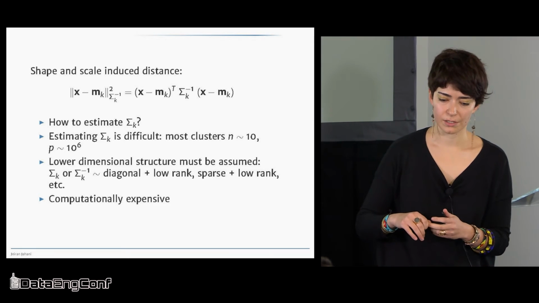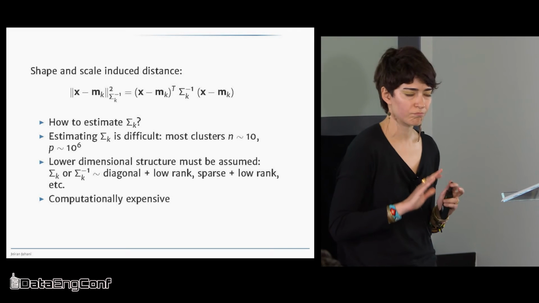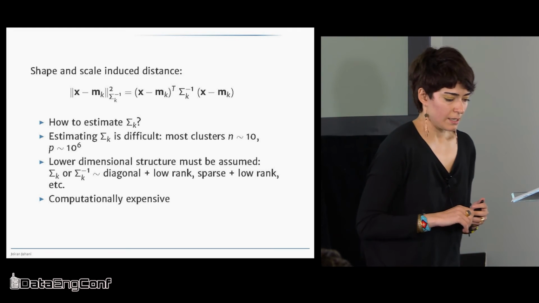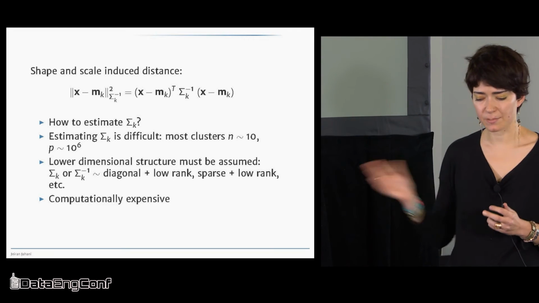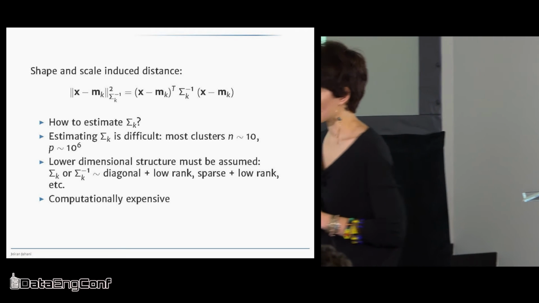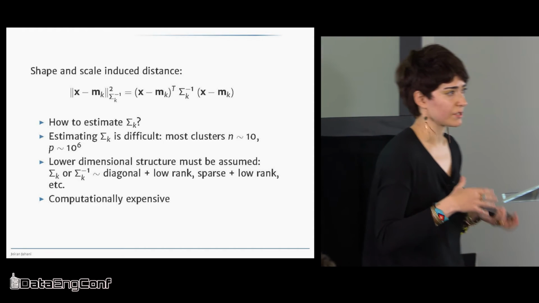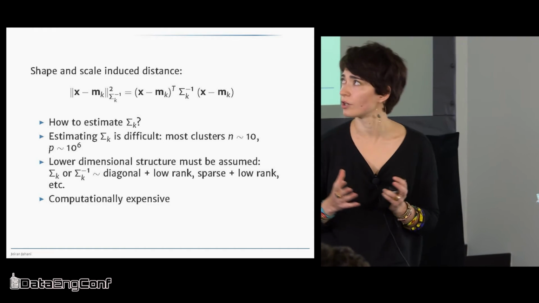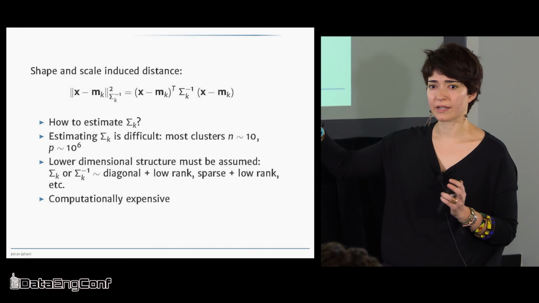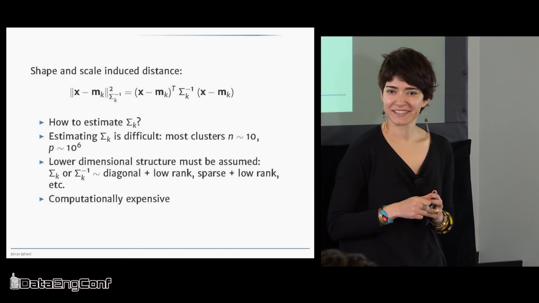And this renders coming up with a good sample covariance not feasible. There has been a lot of research done in that area. People have had solutions, like you can assume your covariance matrix or the inverse of it has a particular structure. It's diagonal or low rank, or it's dense and sparse and low rank.